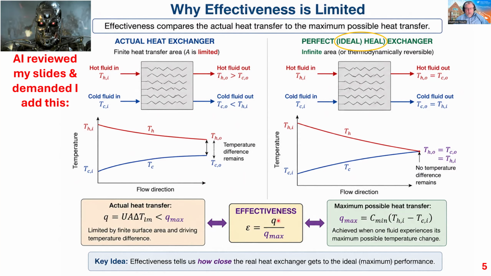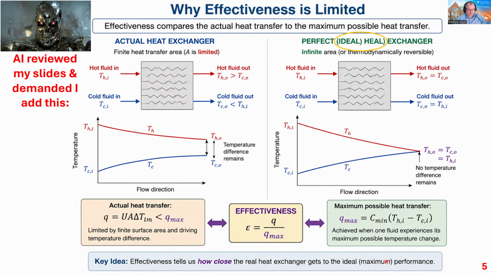And then we can calculate the maximum possible value by taking the thermal capacity of whatever stream has the lower value of thermal capacity and multiplying that by this maximum temperature difference. That'll give you the maximum possible amount of heat transfer. Okay, so the key idea, according to the Terminator here, is effectiveness tells us how close the real heat exchanger gets to the ideal maximum performance. And again, it's bounded between 0 and 1.